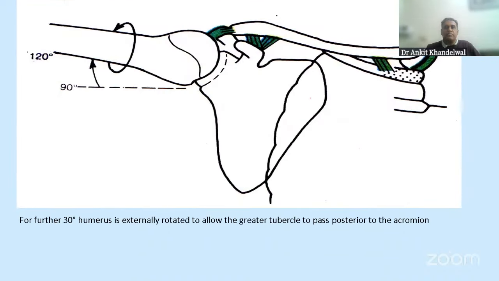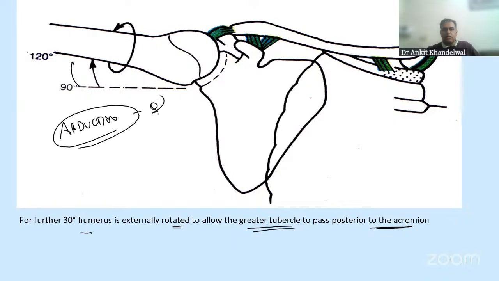Then after that, from 90 to 120 degrees. Understand this. So we are increasing the range of movement over here. Further 30 degrees is done by external rotation of the greater tubercle posterior to the acromion. Understand this is a bit more specific, but you have to write this because abduction at the shoulder itself is a separate question.